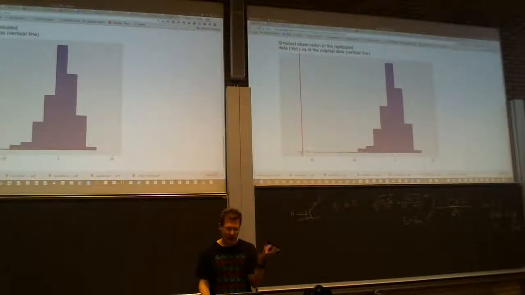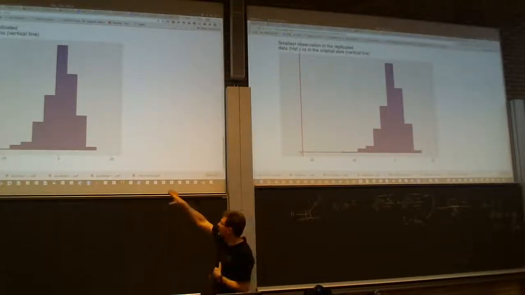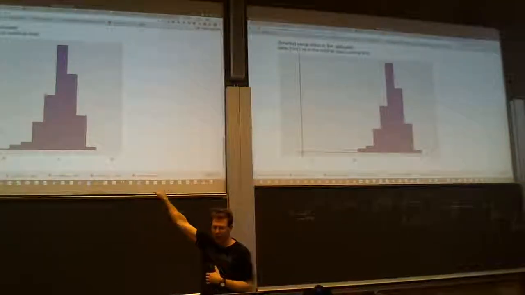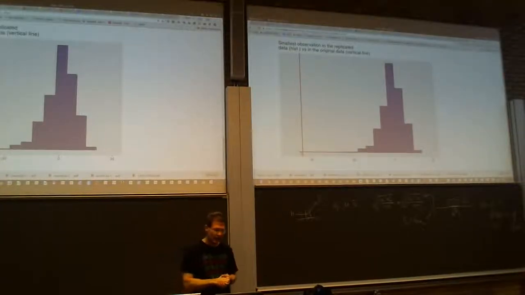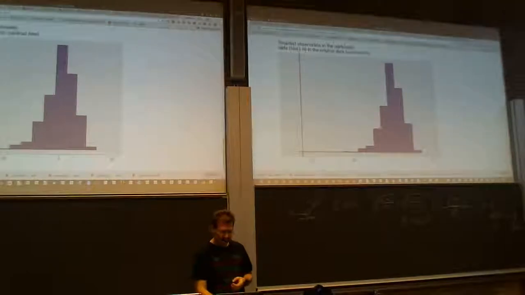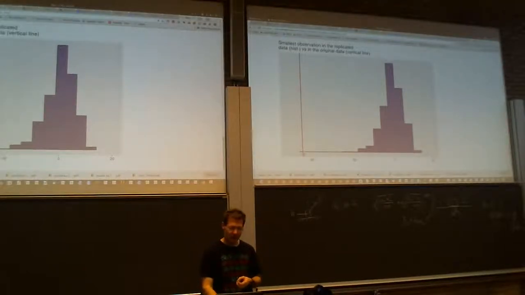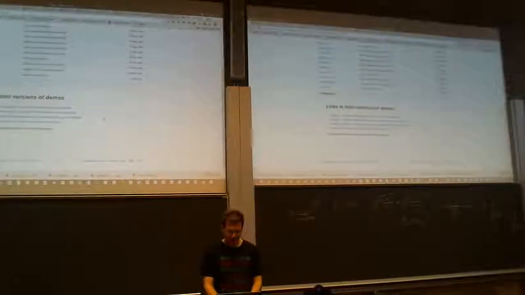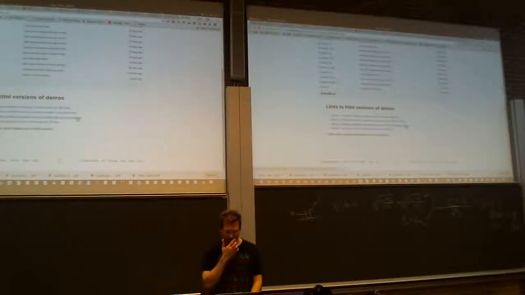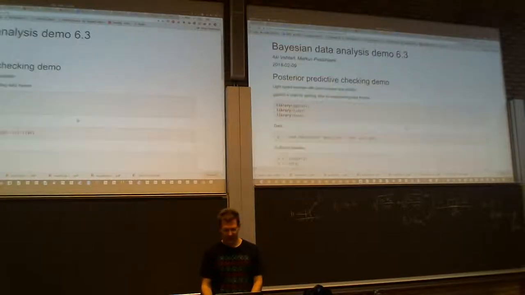Since we can do this replication, we can even compute this posterior predictive p-value, which says what was the probability over these replications that this is more extreme than these replications. Now the choice of this test statistic is important.